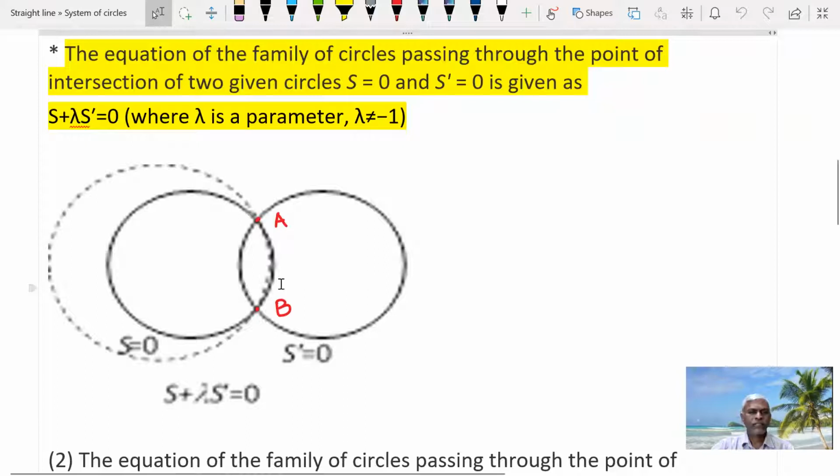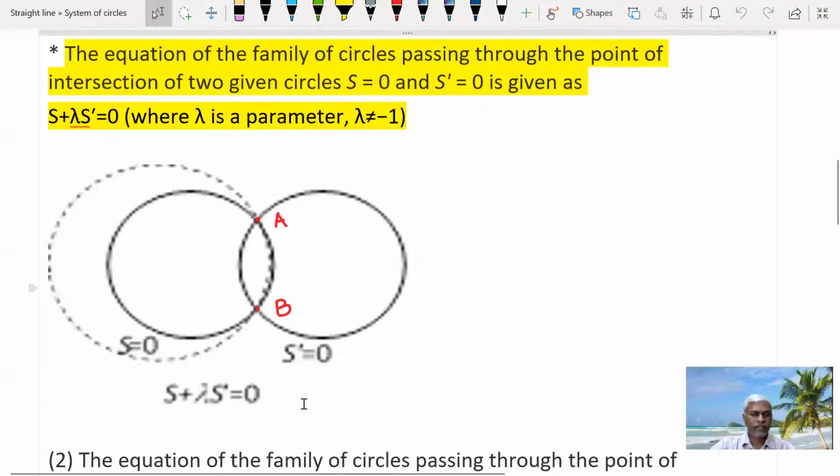Two circles, s is equal to 0 and s dash is equal to 0, intersecting at A and B. రెండు వృత్తాలు ఏబి బిందువుల వద్ద ఖండించుకుంటున్నాయి. ఈ ఏబి బిందువుల గుండా వెళ్ళే ఈ డాటెడ్ సర్కిల్, దీని సమీకరణం s ప్లస్ లాంబ్డా s dash అవుతుంది.